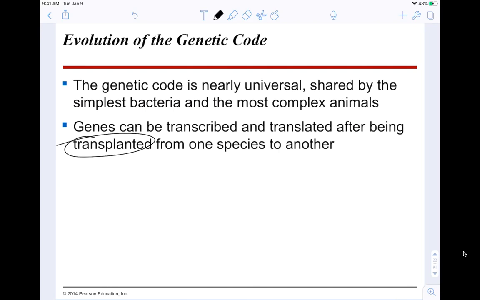I can take a gene that's just letters. This is my mRNA, we'll say. And it came from your DNA. It's probably a bad example for you. But I can put it into another organism.